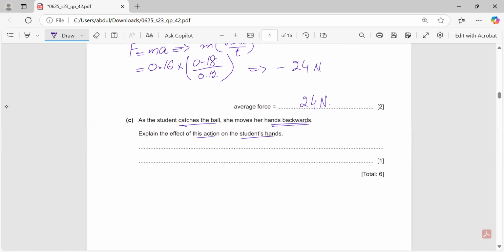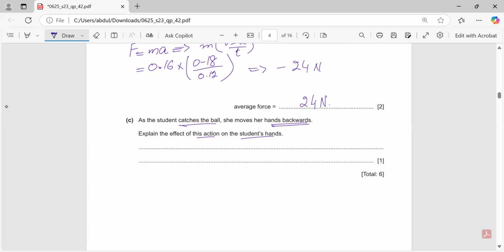So when the time of contact is increased, the force acting on the hand will be decreased, or her hand will be less hurt, because the change in momentum stays the same. Force times time is equal to change in momentum. So when the time of contact is more, the force exerted is less.